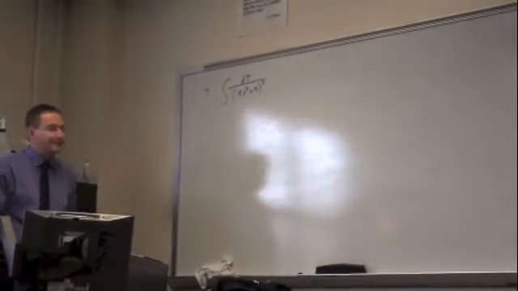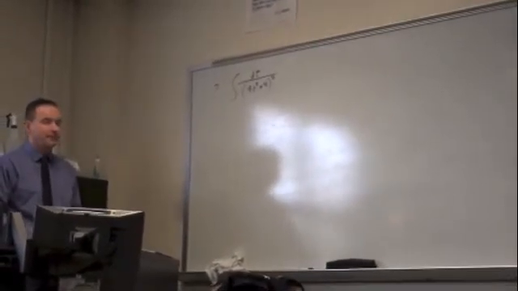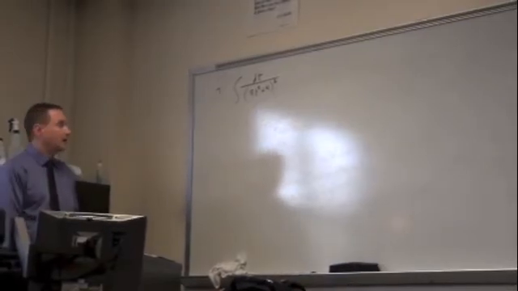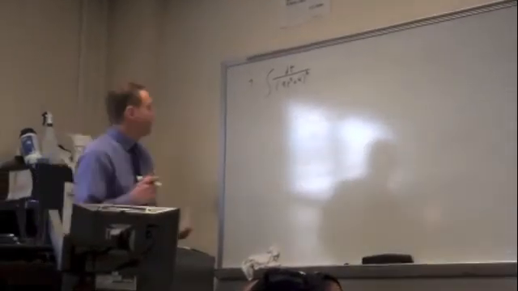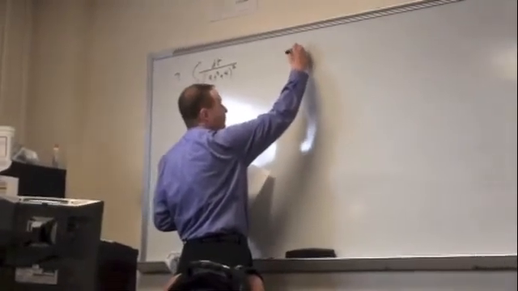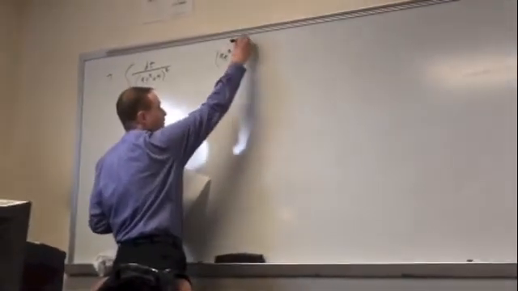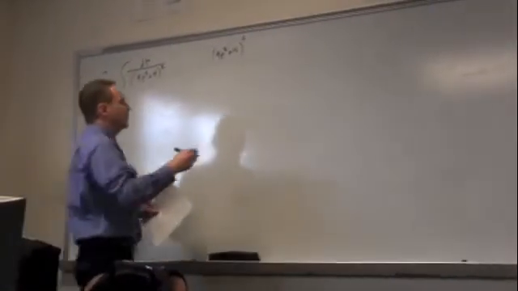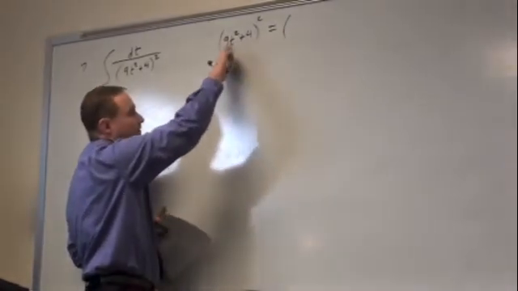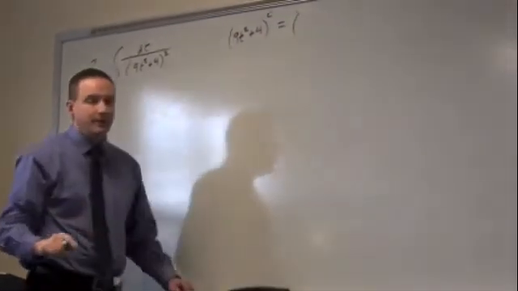But before I can get to that point, I need it to be in the form a squared plus x squared. So I need to pull apart this 9t squared plus 4 quantity squared. I'm going to look at it and say, well, I know that inside of this, that 9 cannot be in front of the t squared.